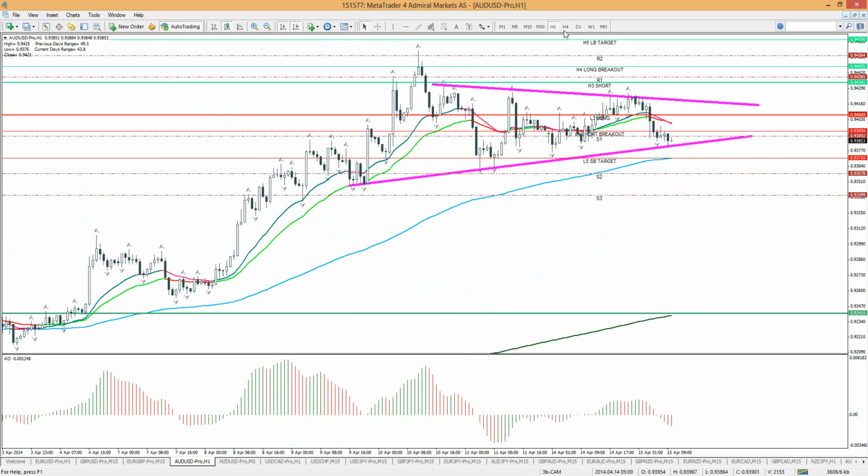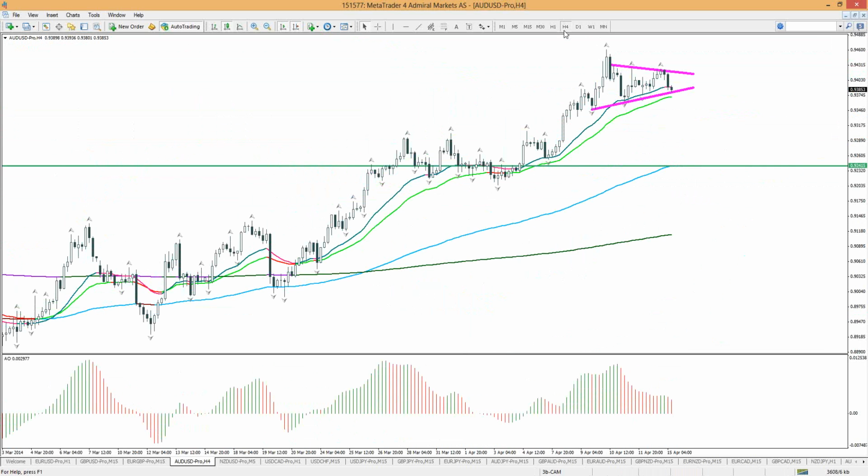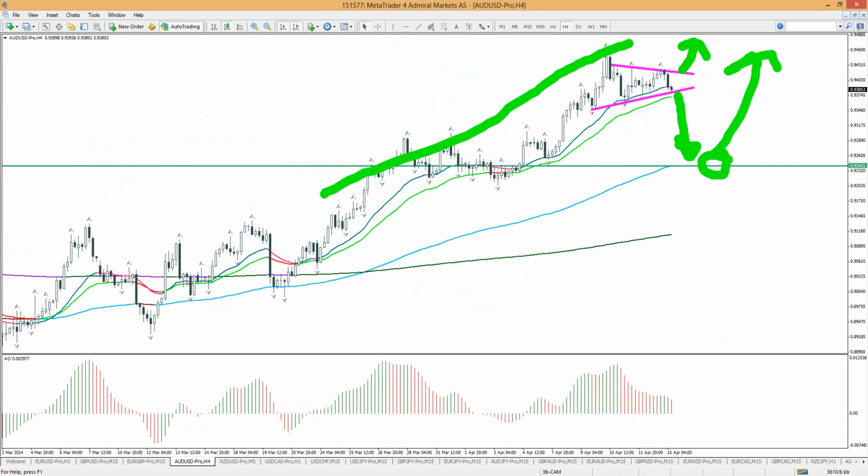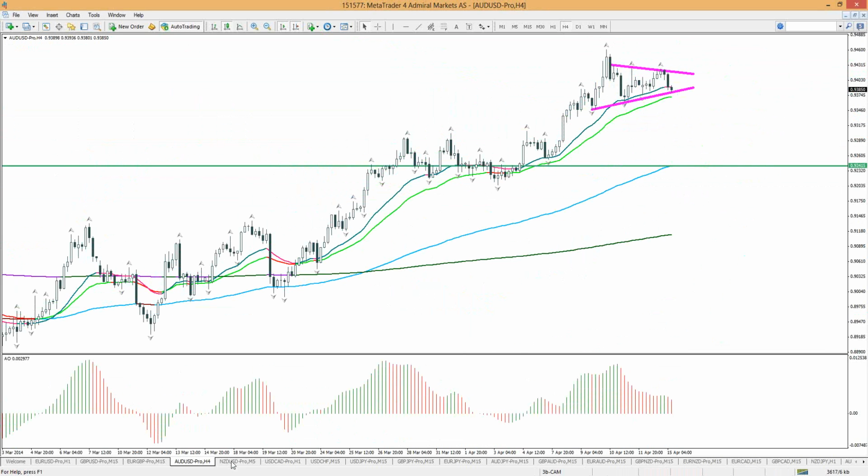So that seems the path of least resistance to me, keeping primary eye on these two magentas. The break of the lower magenta is counter trend, but is reasonable considering the divergence. The break to the upside is with the trend, and the best trade is the bounce at support, because that has the most space. So in that regard, the Aussie and the Kiwi do have the same setup.